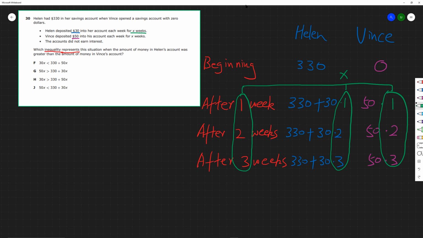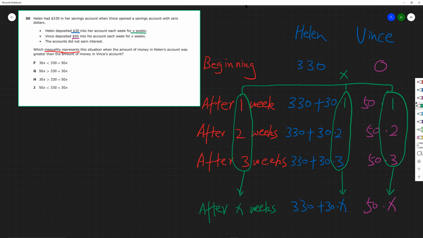After X weeks, Helen would have 330 plus 30 times X. We represent this number of weeks with X. And for Vince, he is going to have $50 times X weeks, because we represent this number of weeks with X. See? That is the representation.